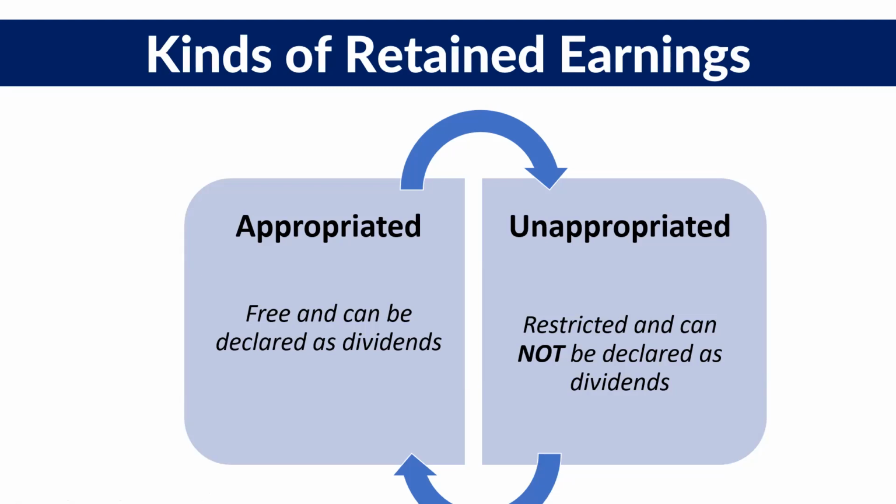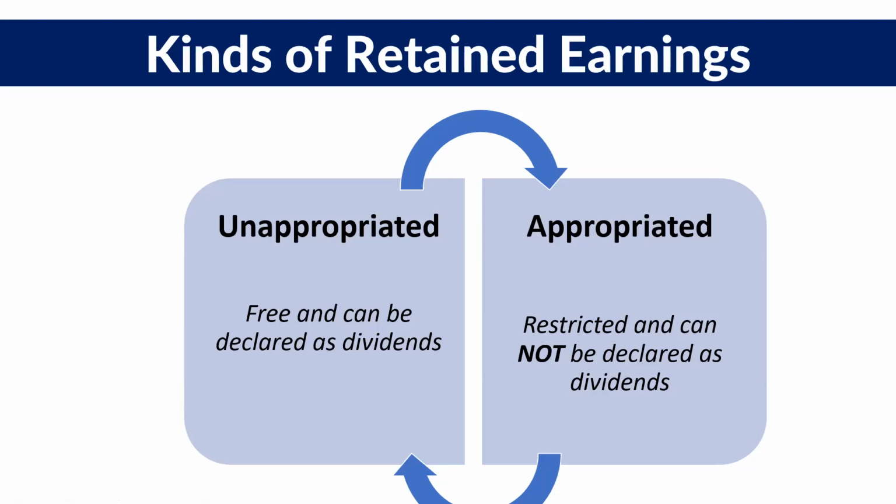Appropriated is restricted and cannot be declared as dividends, because it is restricted and you have reserved that for something else. Whereas unappropriated is free and can be declared as dividends. So let me just correct that. Now it is corrected.